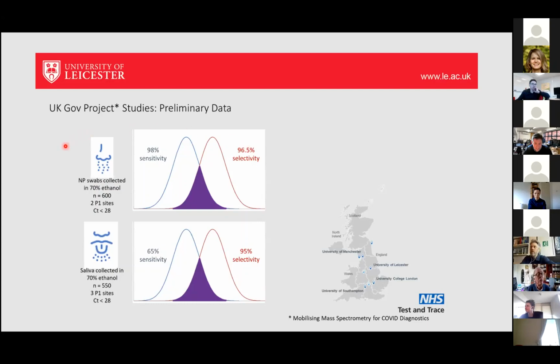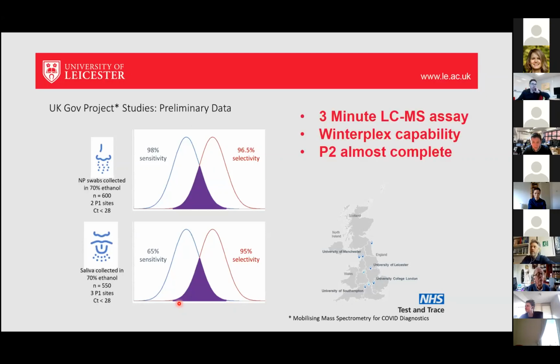So this is now the equivalent of what the PCR characteristics are. So we have a mass spec assay that's able to do swabs, and we're just working on the sensitivity for saliva as well, because that has great advantages in testing certain individuals.